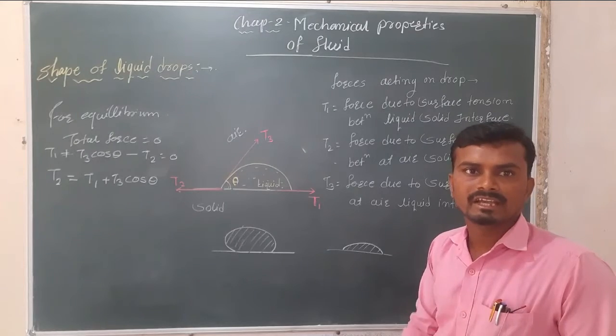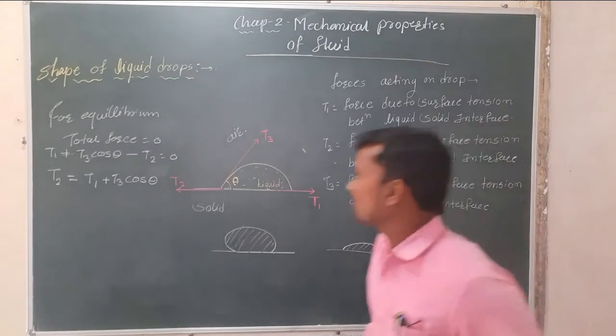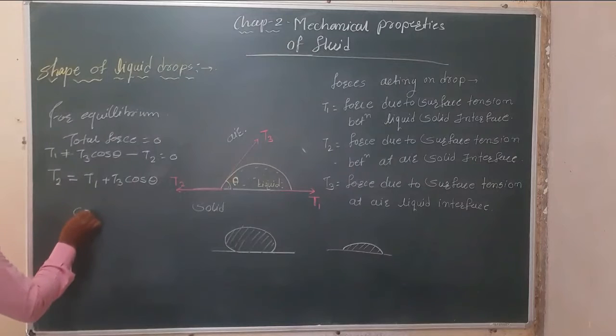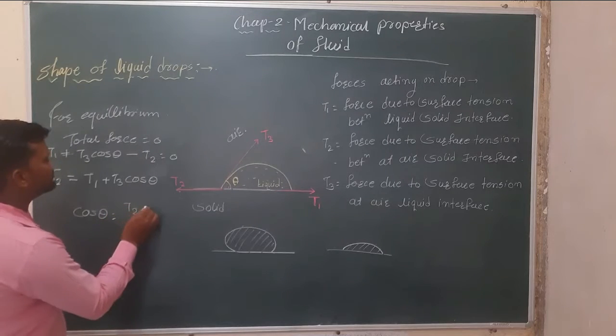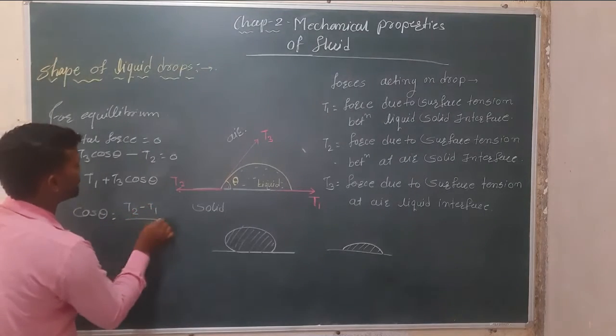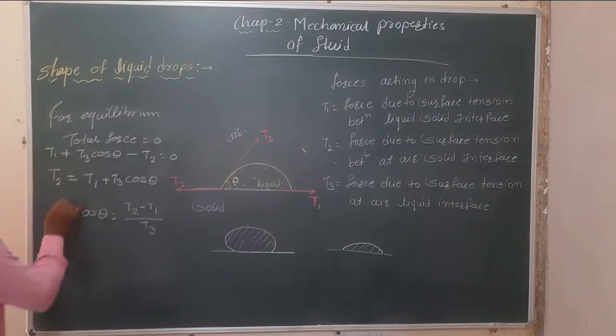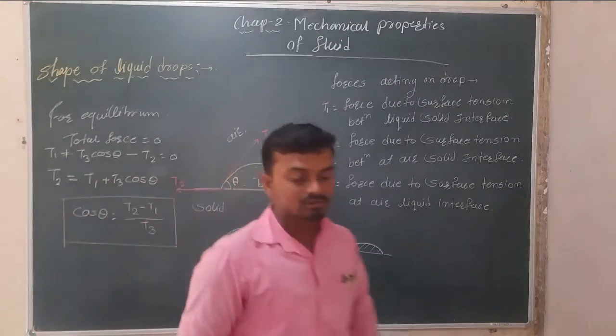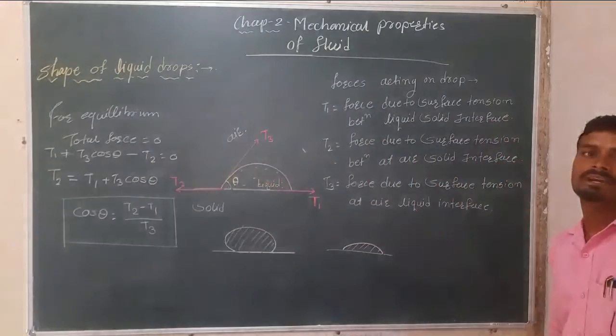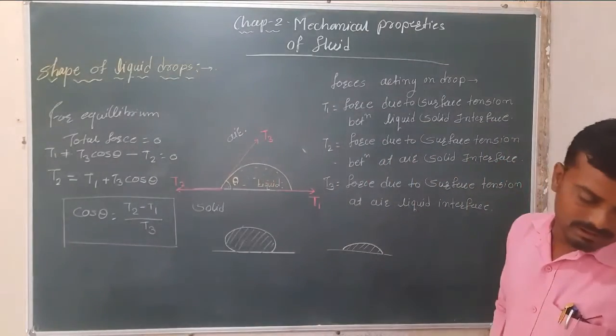And if we rearrange this equation for cos theta, then cos theta is equal to T2 minus T1 upon T3.